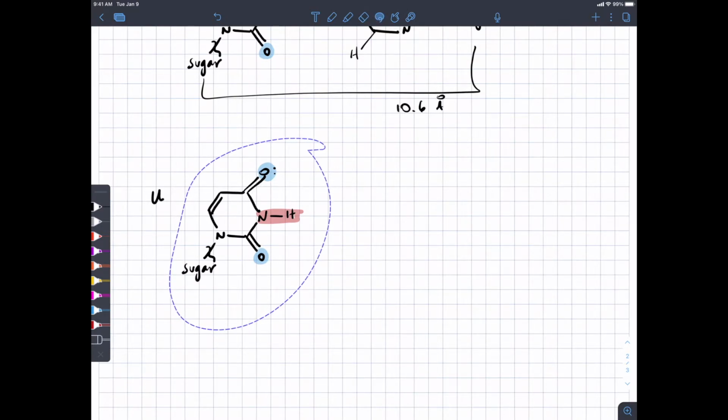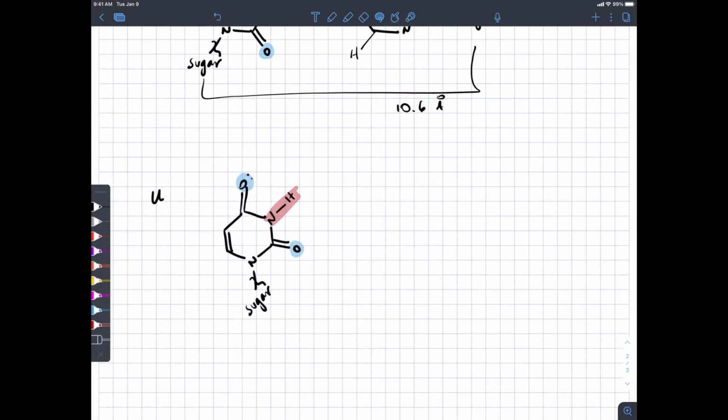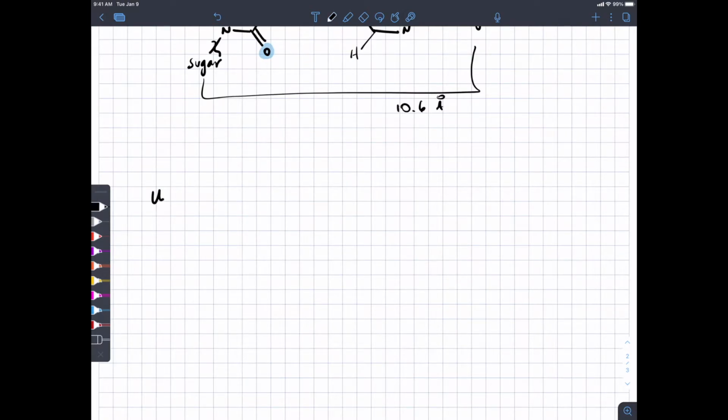So if we rotate the sugar phosphate backbone this way, yeah, that's how we want it. In fact, that's abominable. Let's go ahead and delete it. They don't like the nitrogens on the side.